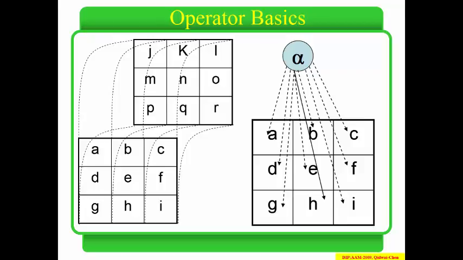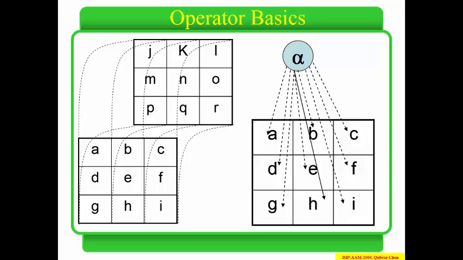Okay? And the same operation will be applied between pixel B and pixel K. And this operation will be applied between C and L, and so on. Right? So if I have two matrices on which I want to make this operation, they should be of the same size. Okay? And the operation will be done on the corresponding pixels together, whether it's an addition, subtraction, multiplication, or division.